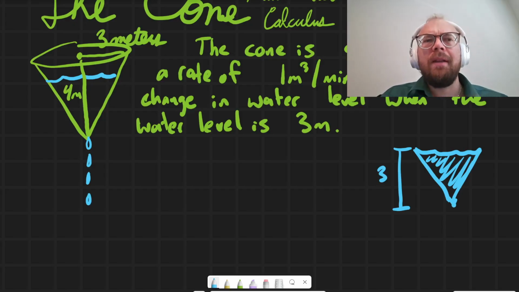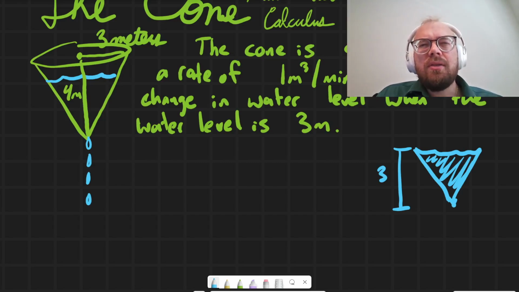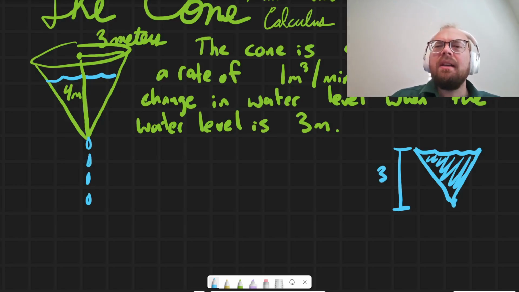I'm just going to put 3, I don't need the units because all the units are the same. The volume change is in meters cubed, and all the units are in meters, so we don't need to worry about the units, not until the end anyways. So that's 3. We need to know what the radius will be.